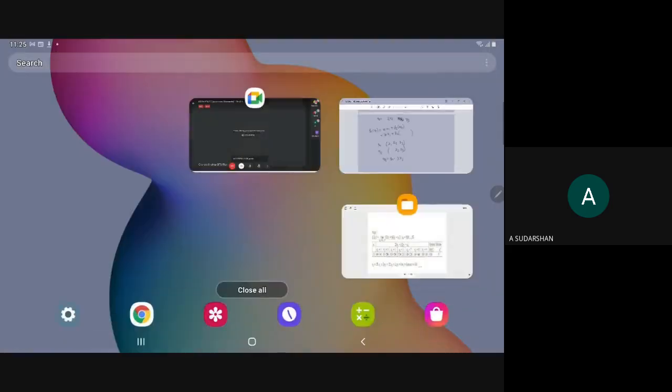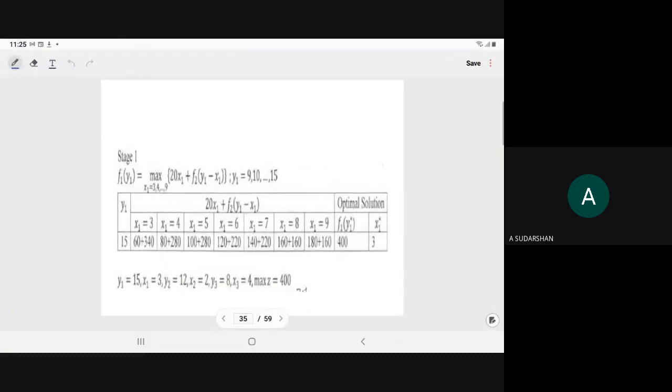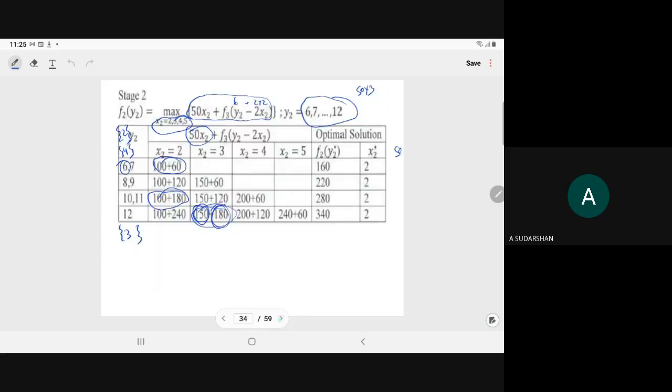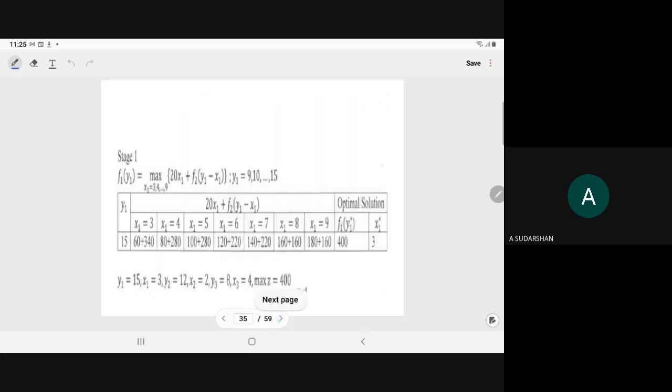Why the 3x1? Because in fulfilling the minimum criteria, x1 should be greater than or equal to 3. Minimum number of items required is 3 of unit weight 1.